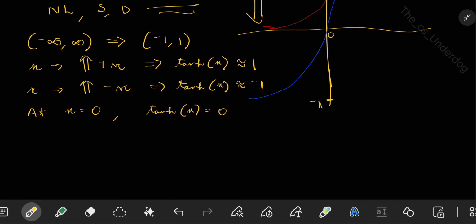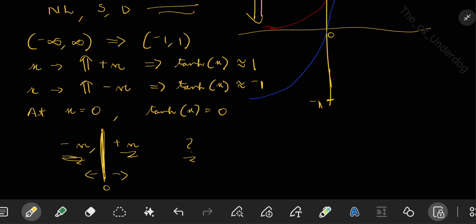That basically means your positive and negative activations are going to be balanced around 0. That is, when your x is taking negative values, it will also give a negative value. If x is taking a positive value, tan h will also give a positive value. So I wrote negative on this side, positive on this side. Because of this, it has a 0 centered nature.